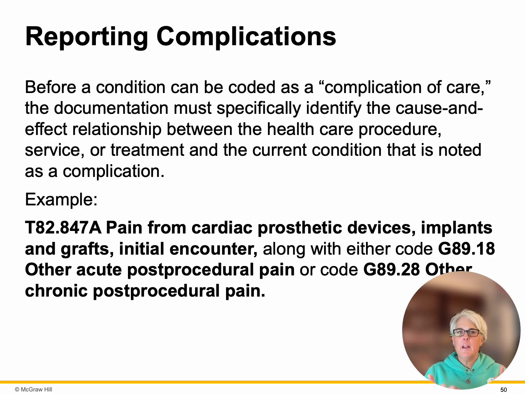For example, pain from a cardiac prosthetic device. You have to have that linkage in the documentation. Otherwise, if it wasn't documented, it wasn't done, and it's not a problem.